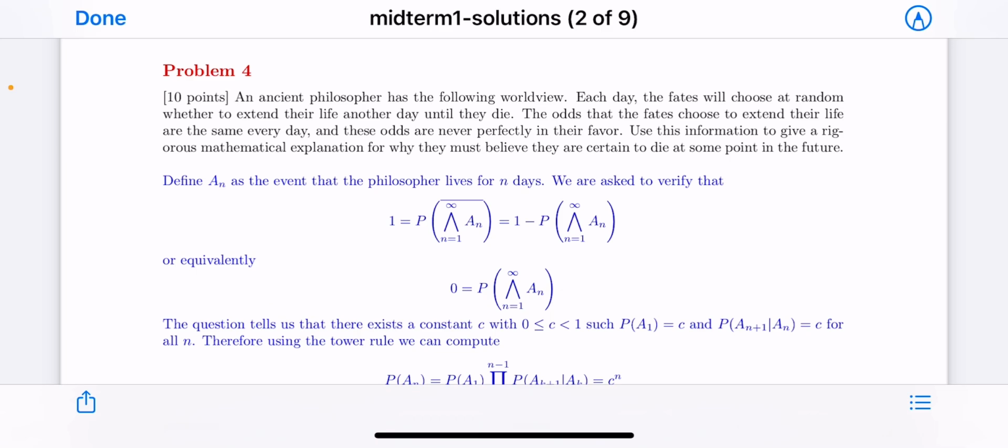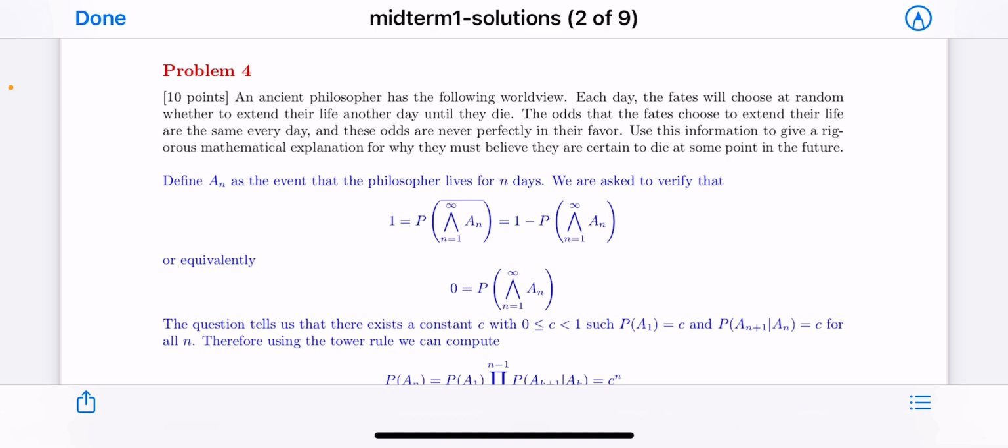Okay, so the way you always want to start the question is by defining an event. So let's define A_n as the event that the philosopher lives for n days. And we're asked to verify that the complement of the infinite conjunction is certain.